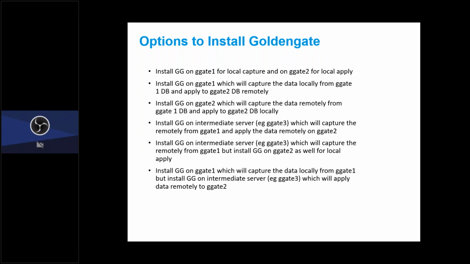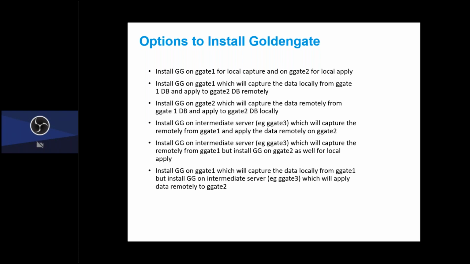So one installation of Goldengate is serving the purpose of replication, extracting the data from one or multiple source databases, and applying the data to one or multiple target databases. So the second, third, and fourth are the Goldengate hub options.